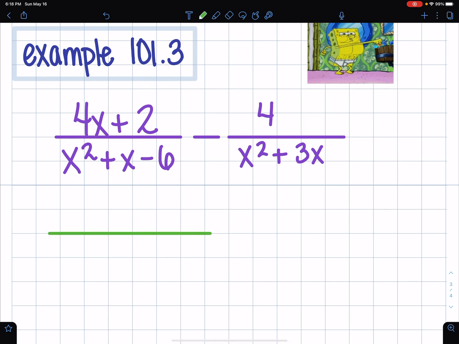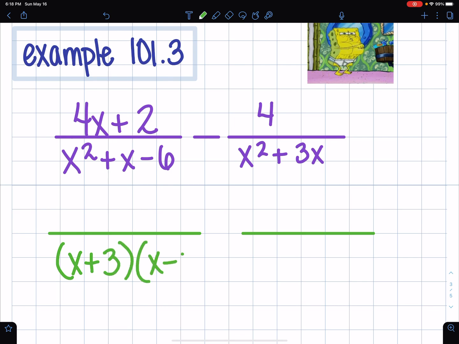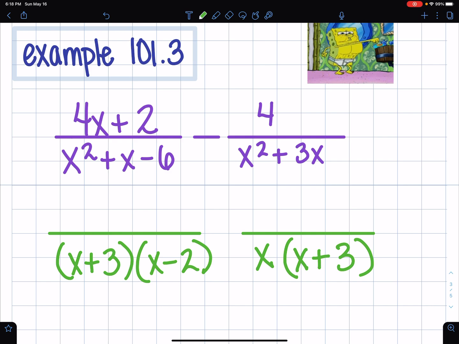Alrighty, so let's make two new fractions. On the left, we're going to have x plus 3, x minus 2. On the right, we're going to just pull out an x and do x plus 3. Got it? Okay, now let's get the numerators.